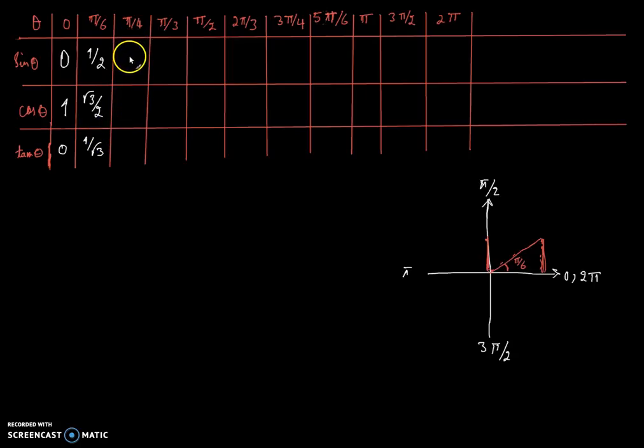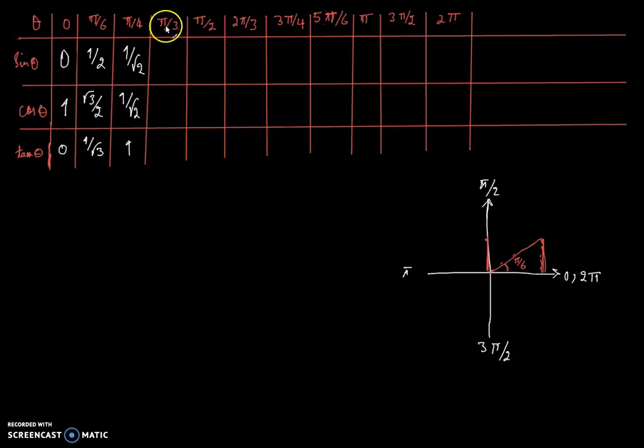Then in the case of pi by 4, you have 1 by root 2 as the sine value. As the cos value, you have 1 by root 2. And the tan value is 1, because 1 by root 2 divided by 1 by root 2 is 1.